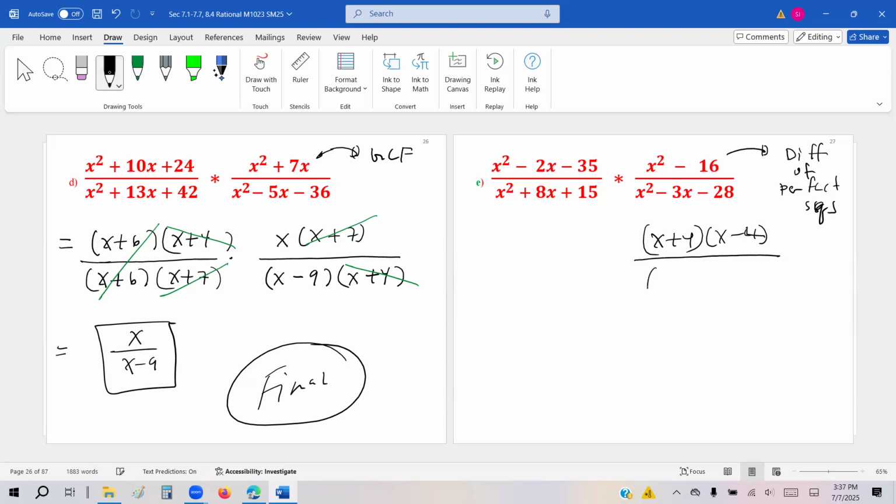Okay, K, what do we have here? Two numbers multiplied to 28 and combined to 3. When you see 28, which two numbers come to your mind? 7 and 4. So what sign does 7 have to have? It's the bigger one. The bigger one always gets which sign?